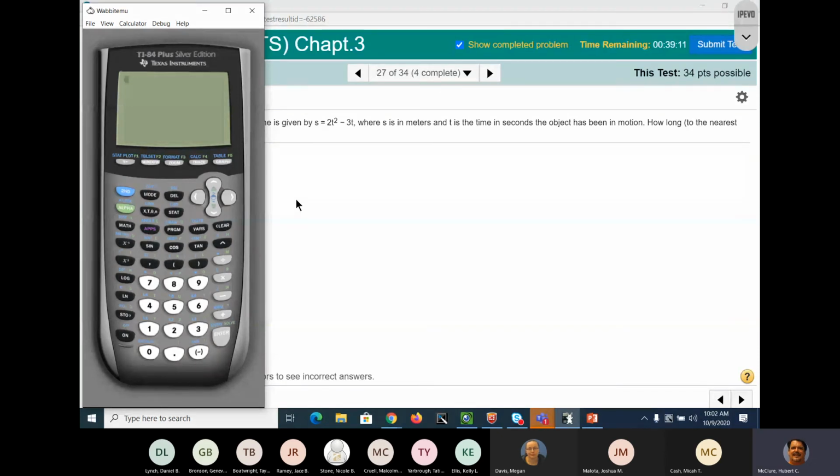All right. So anyway, this is a graphing drill. I'm going to graph y is equal to 2x squared minus 3x, and then I'm going to graph y is equal to 20.